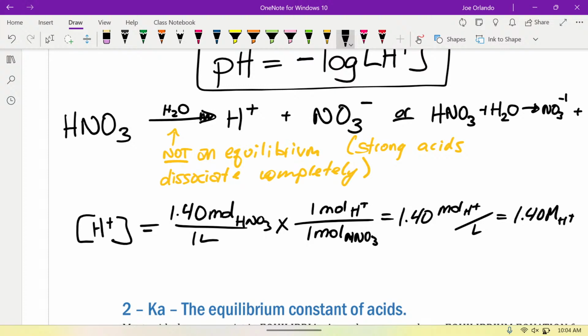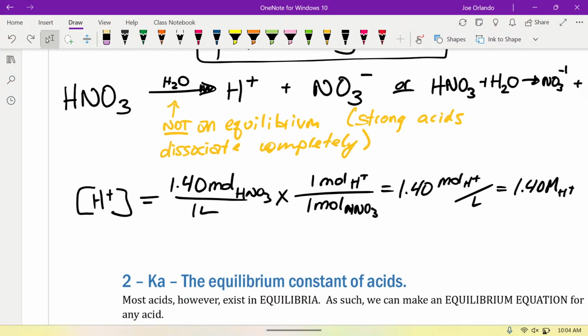But what I want to stress is we have to think about the H+, not the HNO3. Because HNO3, if it didn't dissociate, it wouldn't be an acid. It's the fact that it releases the H+ that makes it an acid. Is that comfortable? And then calculating the pH is trivial. What does pH equal? The negative log of the concentration of H+ or H3O+.